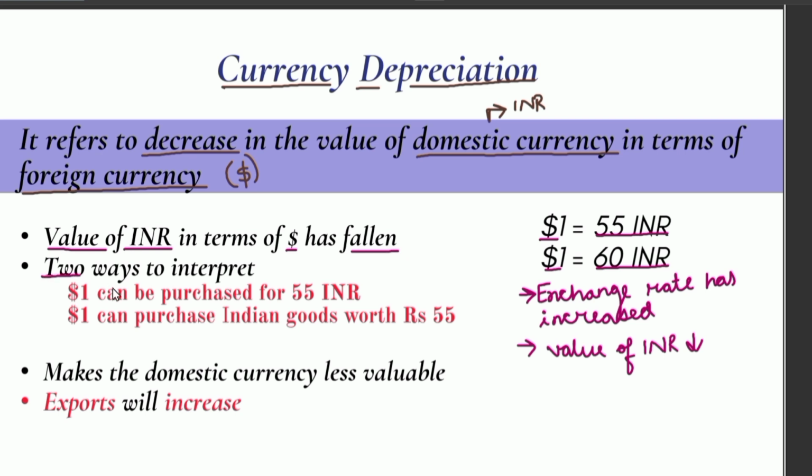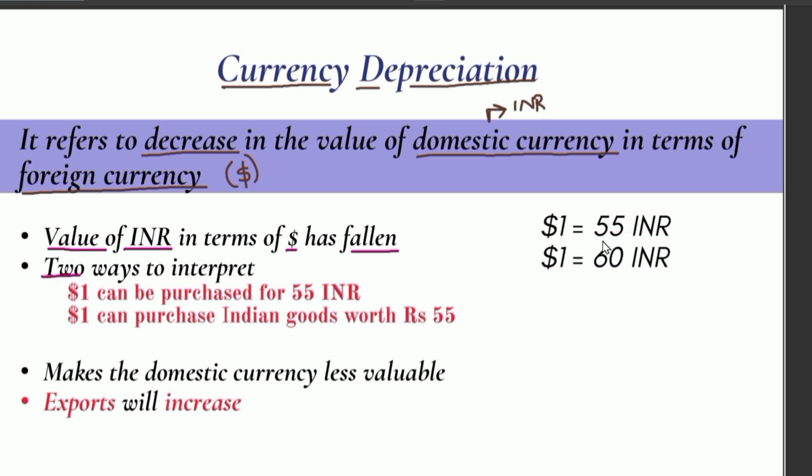So it indicates that the value of the rupee in terms of dollars has fallen. There are two ways to interpret this example. One is that earlier with 55 rupees we could purchase $1, but now it requires us to pay 60 rupees to purchase 1 unit of dollar.